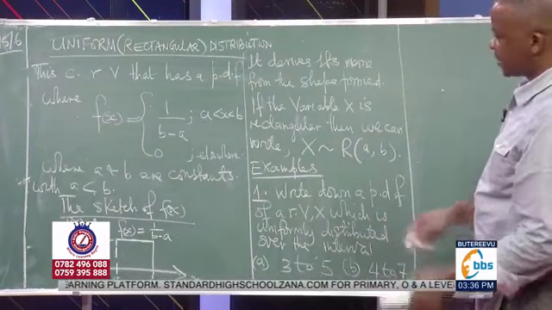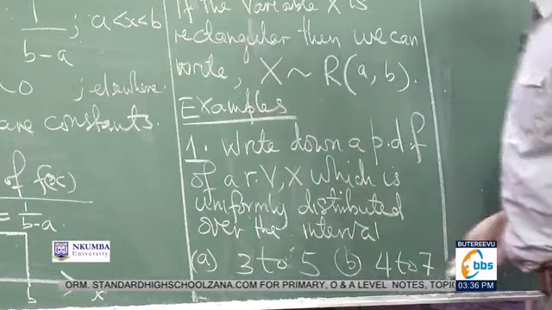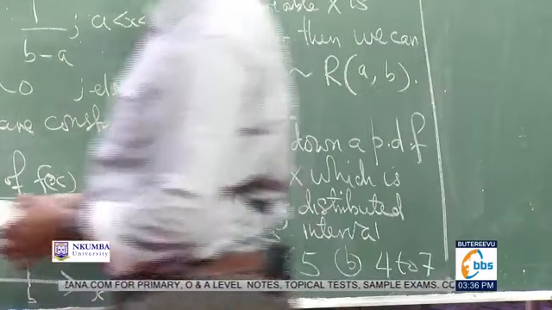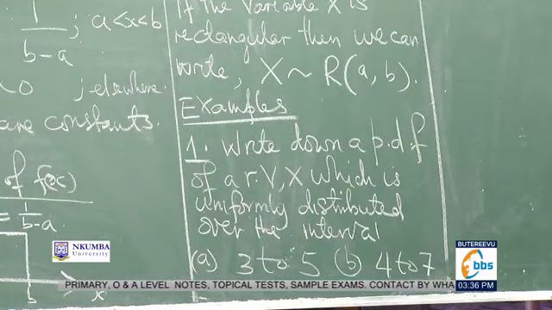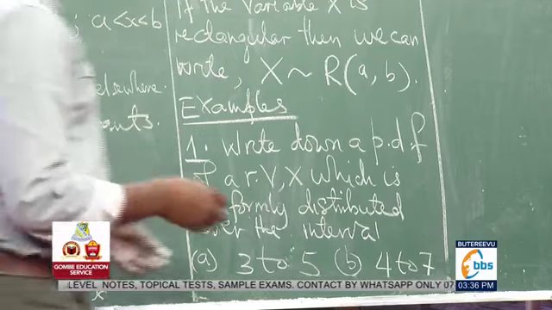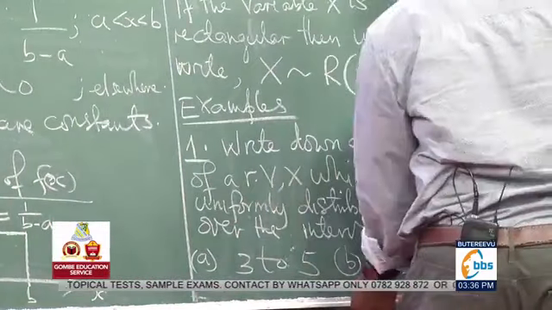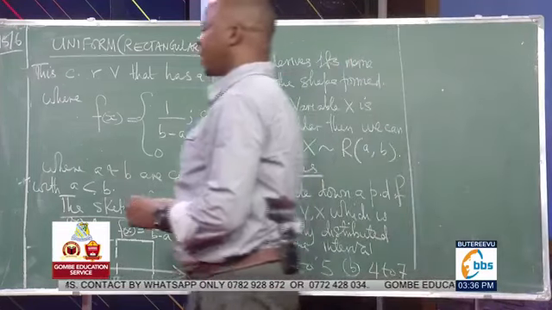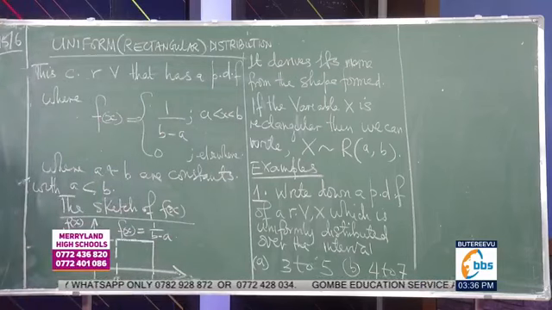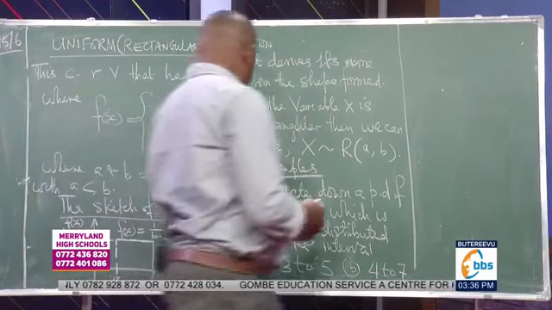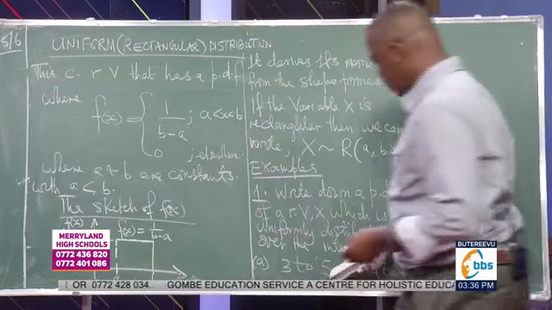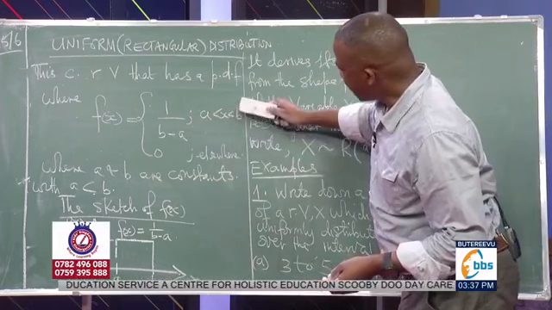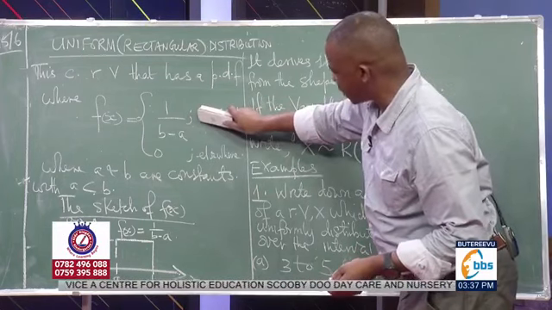If you are given this, and you already know that this is the general expression, it is very easy for you to write that function. If they say 3 to 5, what does that mean in terms of inequalities? From 3 to 5 inclusive. What is the value of A? What is the value of B? If this is the function, we write the highest limit minus the lowest limit.